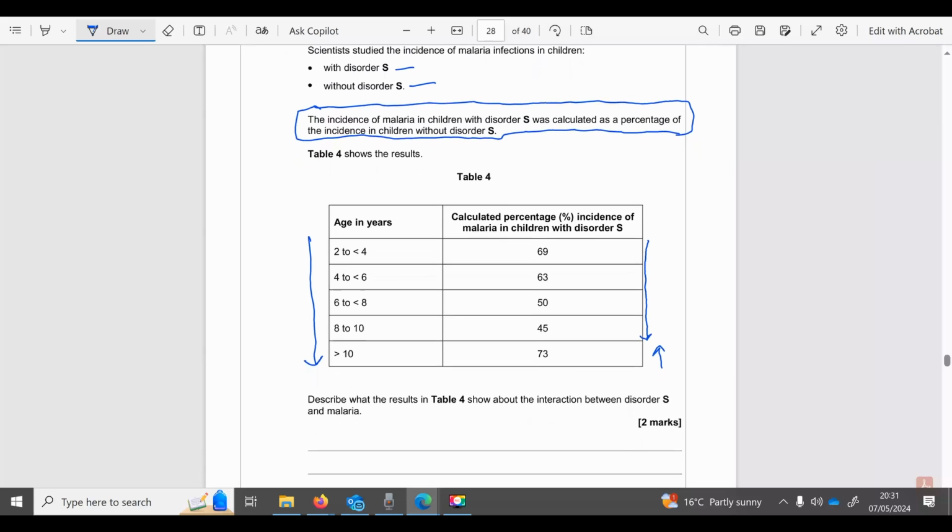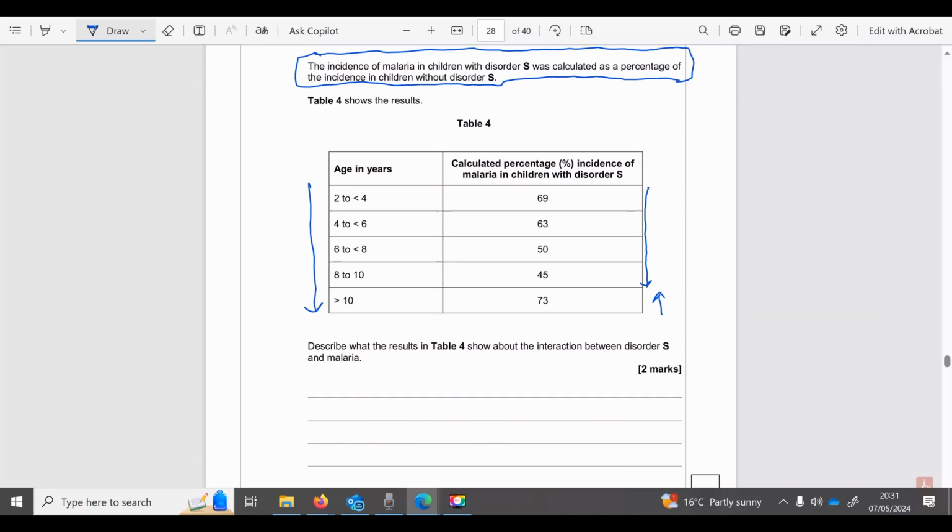That should be a clear first point because we have described the table. So as age increases, the percentage incidence of malaria in children with disorder S decreases.